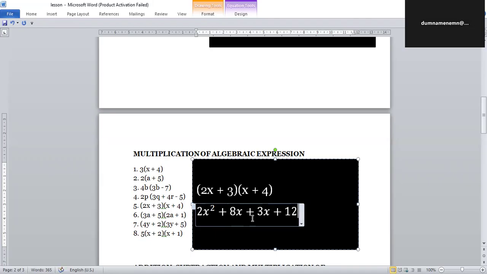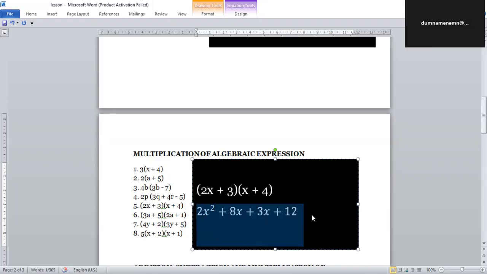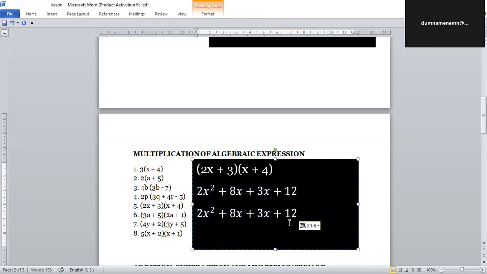They are not the same thing. So we can only add 8x and 3x together because the variable is exactly the same. So 8x plus 3x, I'm going to have it to be what? 11x. So this is our final answer for question 5.